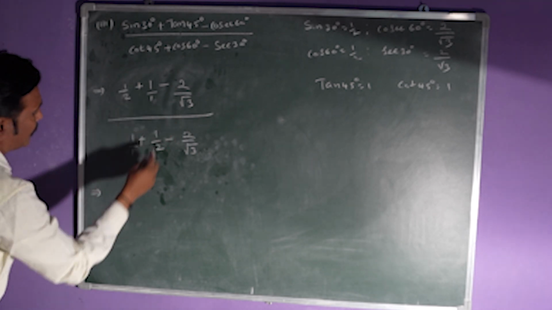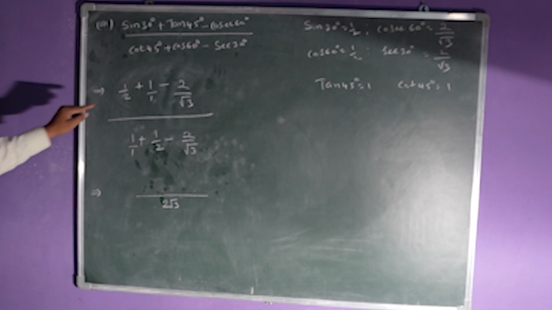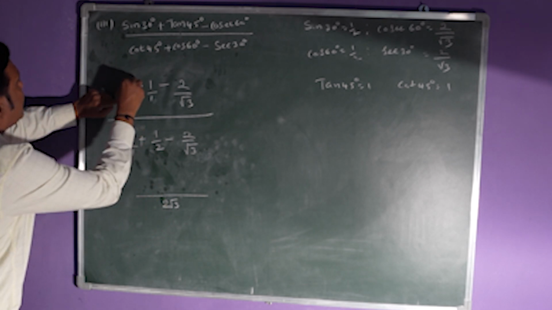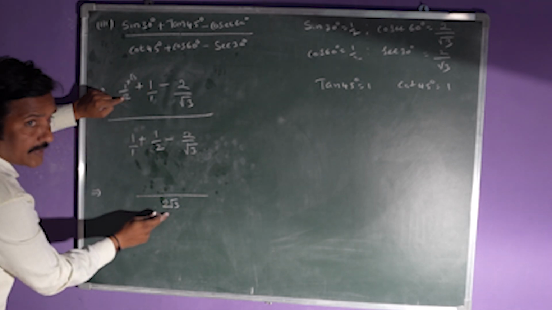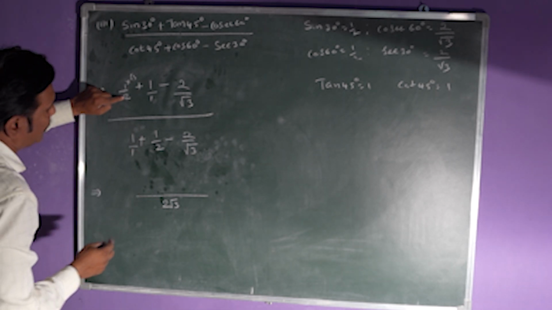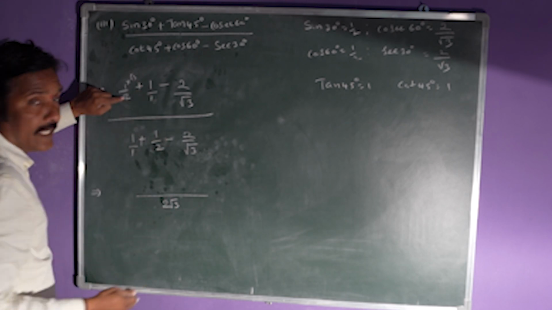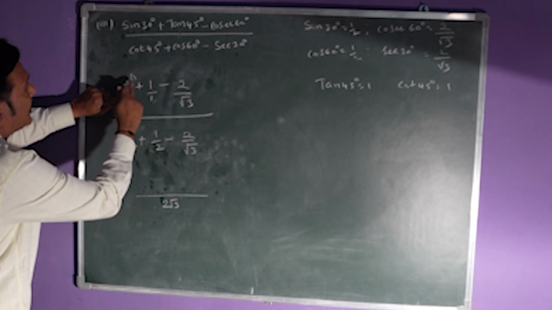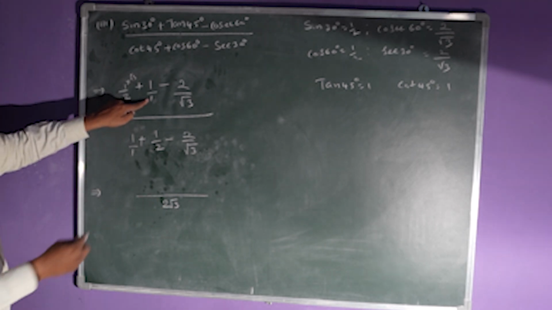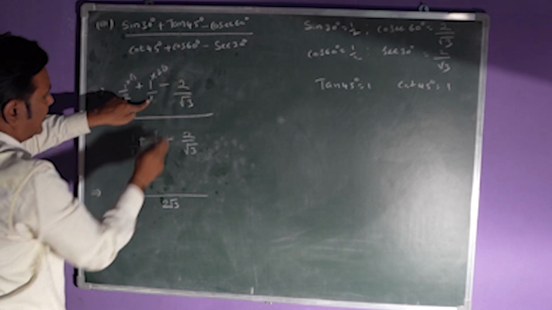The LCM is 2 into 1 into root 3, which is 2 root 3. Where 2 is there, the LCM is 2 root 3, so we have to multiply 2 by root 3 to get 2 root 3. Where 1 is there, 1 into 2 root 3 is 2 root 3.